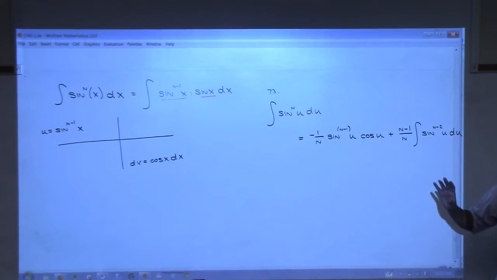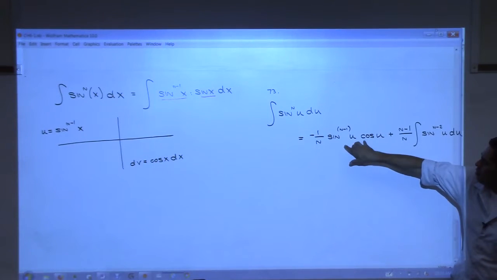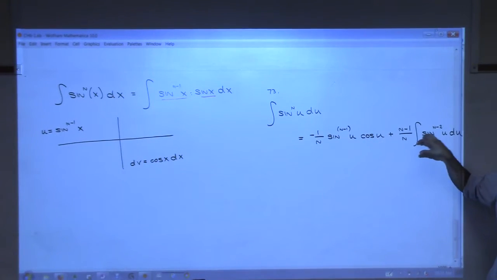I doubt anyone can see this, but I actually did not remember how to do this, but I looked at the answer, and the answer revealed what I had to do. Because this is ultraviolet, and then this is your minus voodoo.